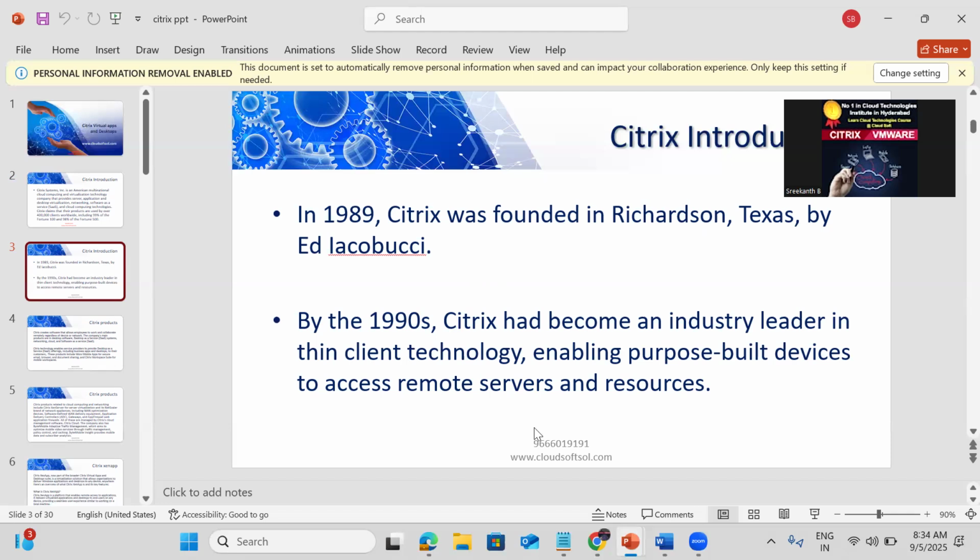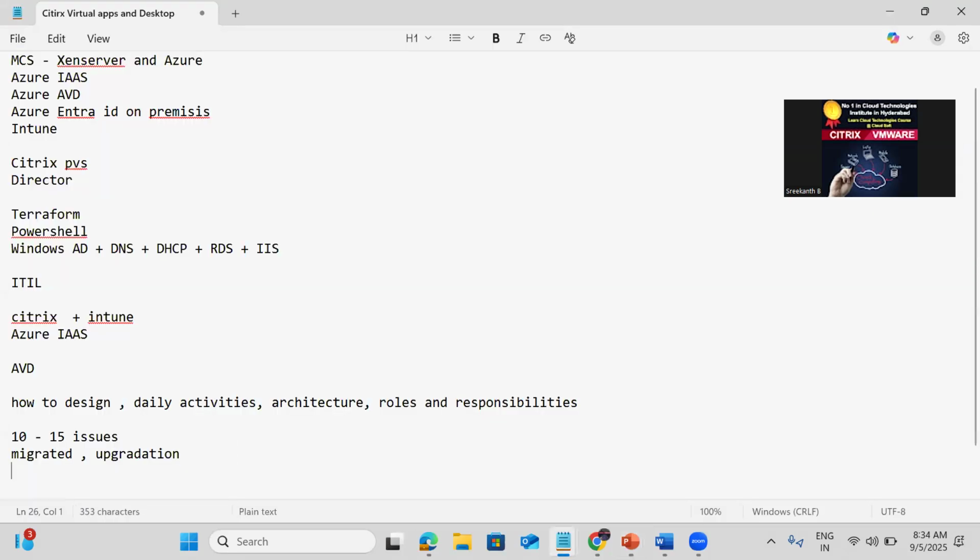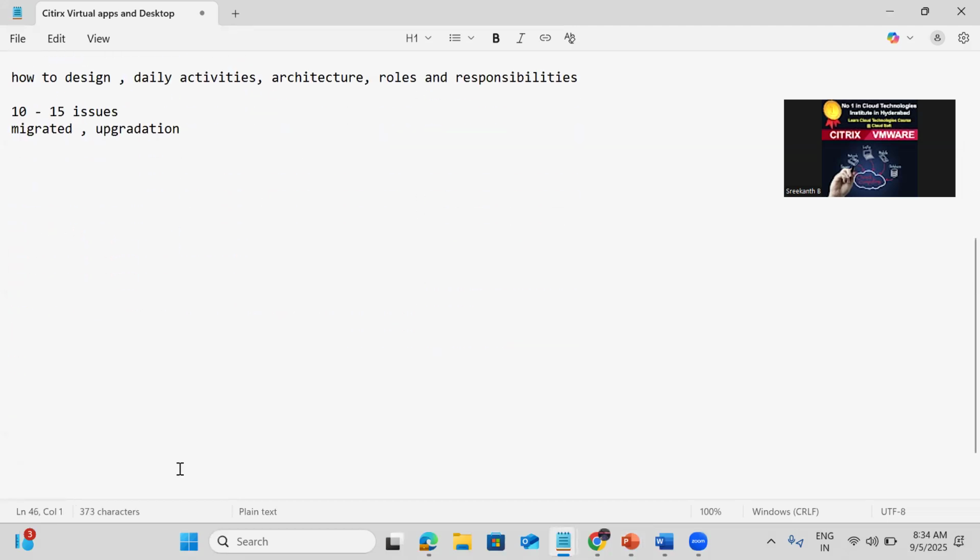So what is the Citrix goal? Citrix started in 1989, and the founder was also an ex-IBM employee. They mostly worked on a project called OS2. So what is OS2?